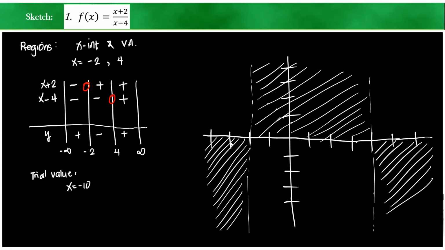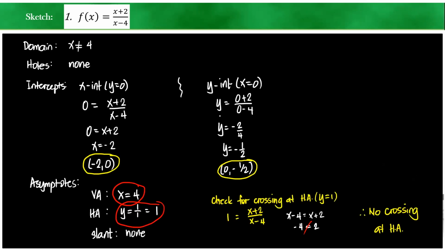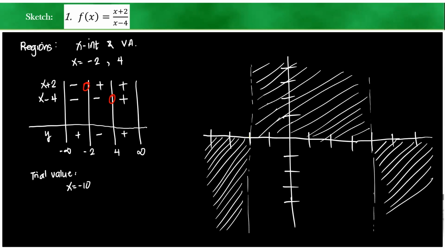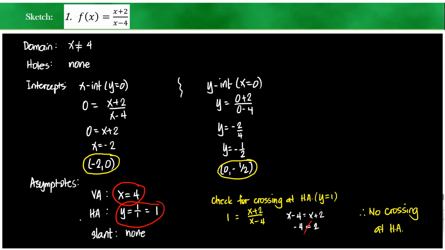So let's try plotting the intercepts. Let's try plotting the asymptotes. Intercepts, naka-yellow, 0, 1/2, at saka -2, 0. So, -2, 0, 0, -1/2. So those points. Okay na tayo. Are there asymptotes? Yes.